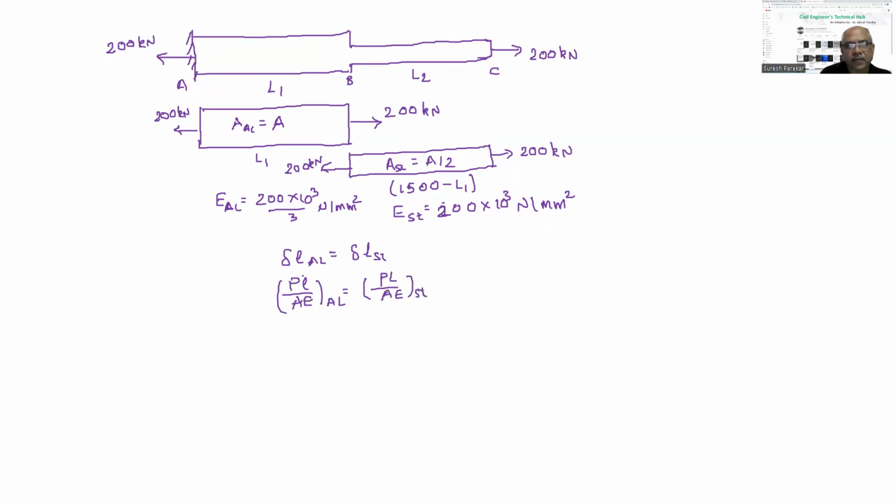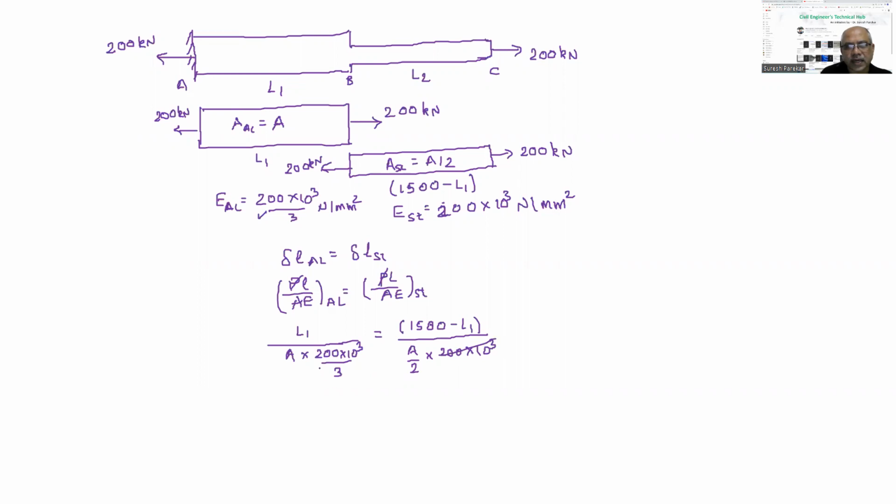P is the same for both, so I cancel P. L for aluminum is L1, E for aluminum is 200 into 10 raised to 3 upon 3, equal to 1500 minus L1 divided by A by 2 into 200 into 10 raised to 3, which is E for steel.